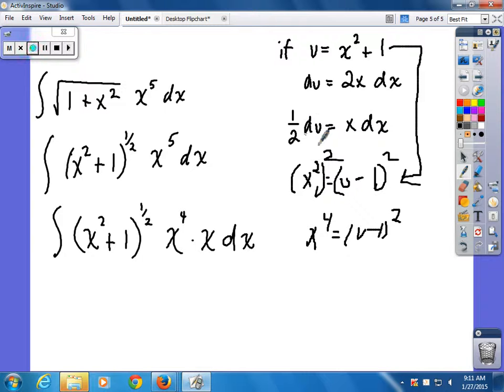You could take this and plug that in, x dx right here. See? So now you can plug this in right here and plug this in right here. And you got it made. And then you feel good about yourself. So, this is u to the what? 1/2.